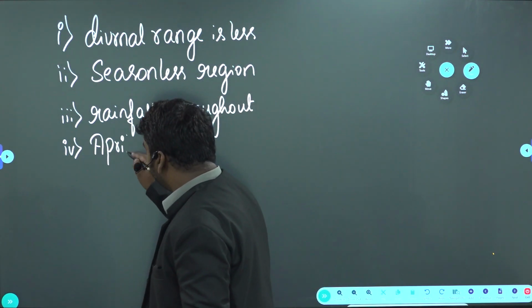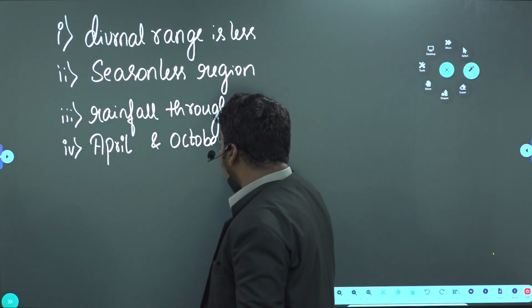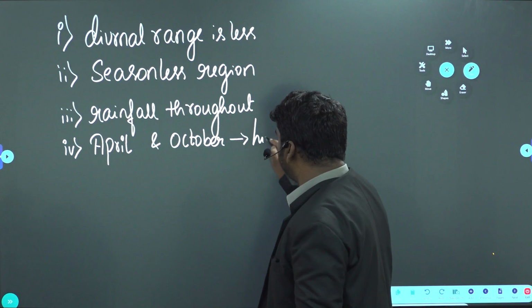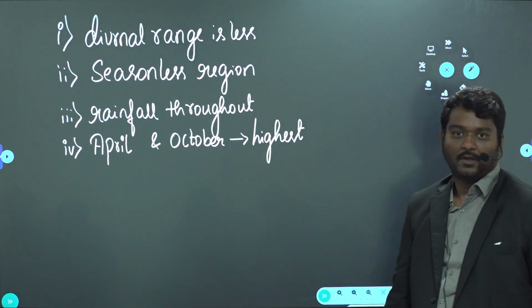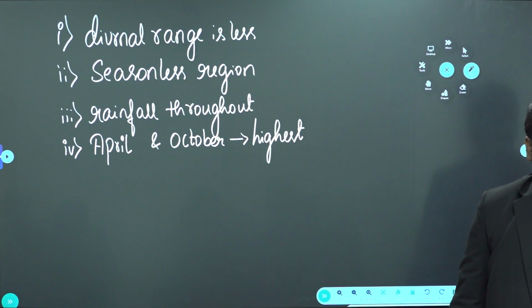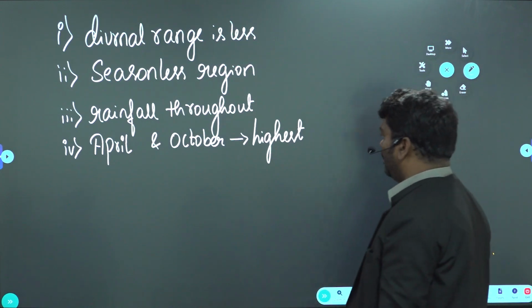April and October, highest rainfall. Equinox time, right? Equinox time, they'll have highest rainfall, April and October.